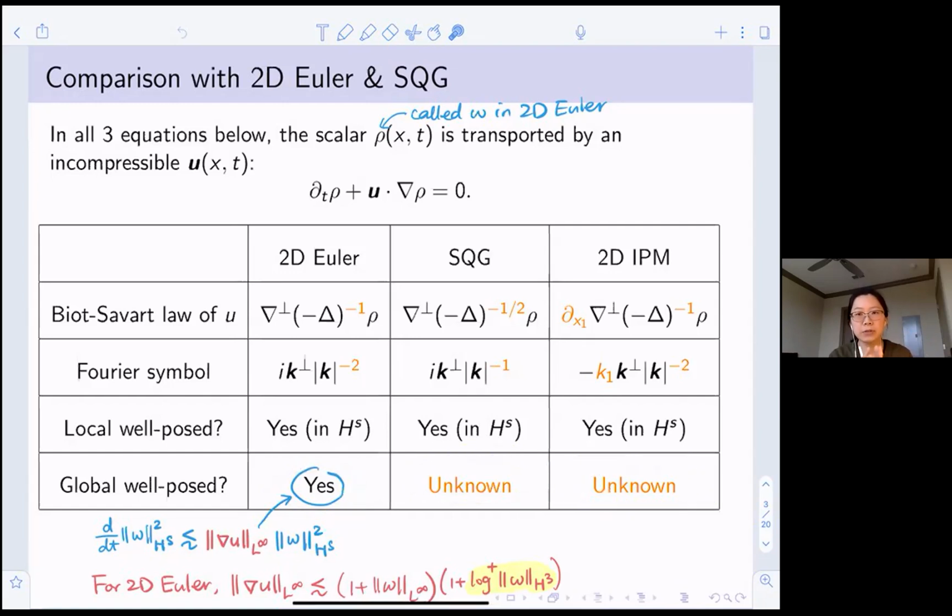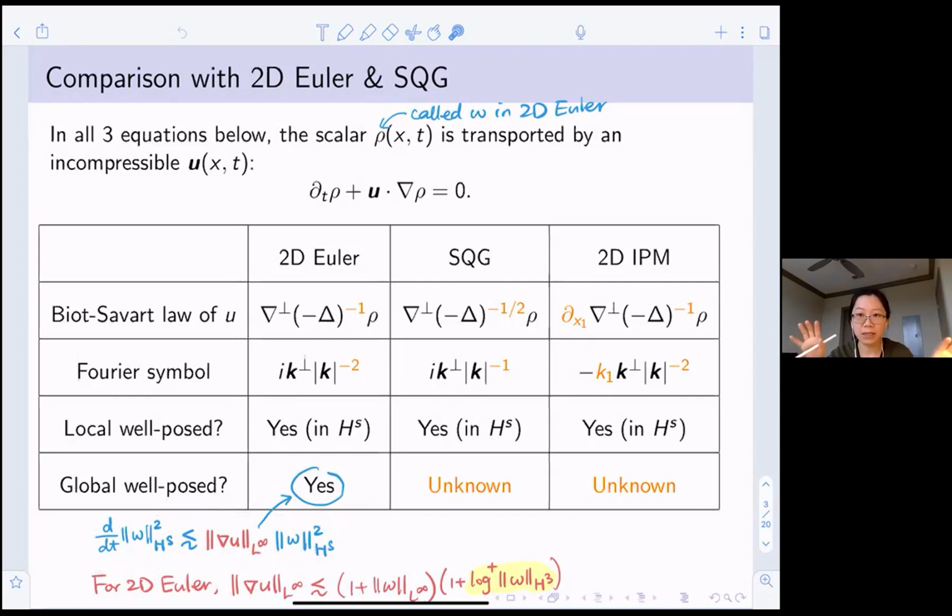And actually 2D Euler is the critical case here, because if we look at how the H^s norm is evolving in time, then one obtains a differential inequality that it is growing with a rate proportional to the L infinity norm of gradient u. And notice that for 2D Euler, because u is one derivative more regular than the vorticity, gradient u is about comparable to the vorticity itself.